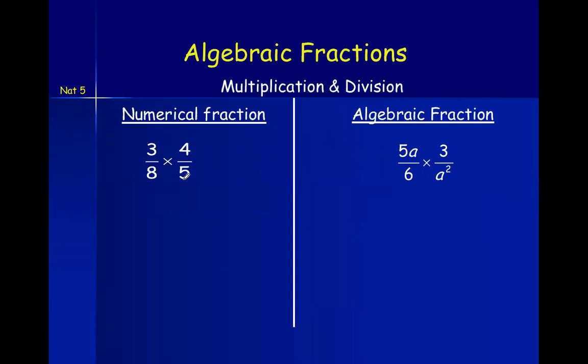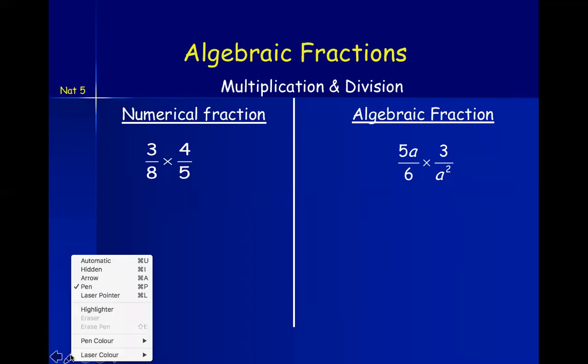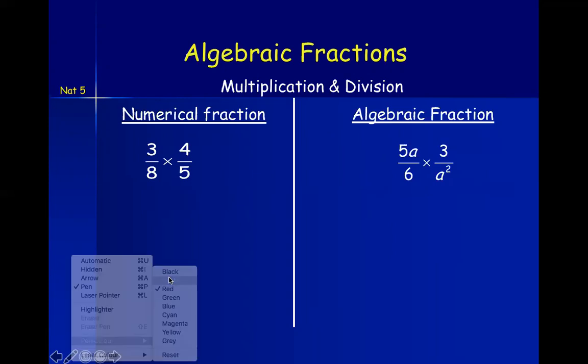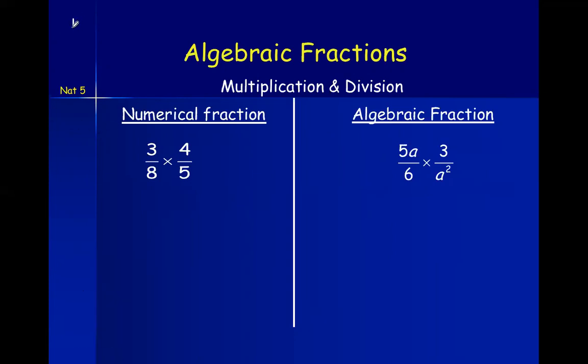The easiest way to remember this is to think about a half of a half. If you get a pizza and you half a half, what do you get normally? A quarter.